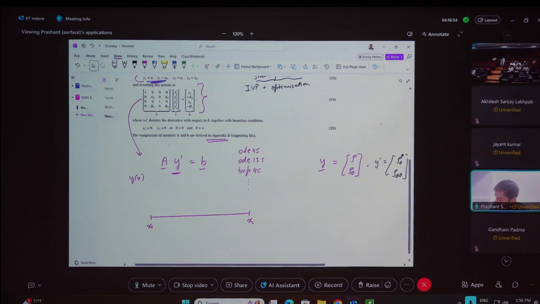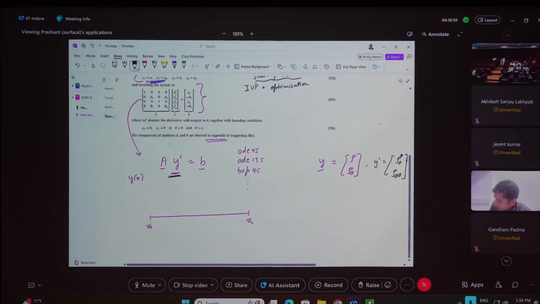So normally when you have this y prime here, it contains these two derivatives, the first derivative and the second derivative. And as it goes on to solve the problem, it would discretize the domain into lots of small steps, and then it would say, okay, let me know what is the value of y at this point.